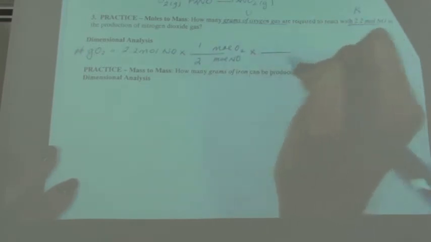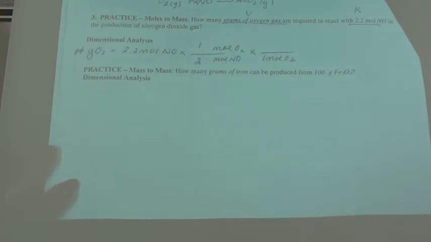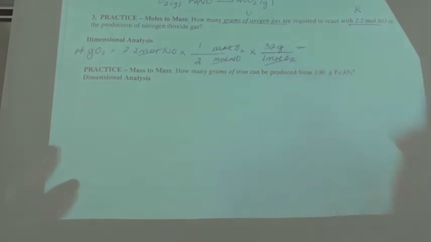My next step would be then to convert the number of moles of oxygen gas using its molar mass to grams of oxygen. 1 mole of O2 has a molar mass of 32 grams. These cancel out, these cancel out. I know I'm done when these are the same, and they are. I do some math. Here is a clue for you.